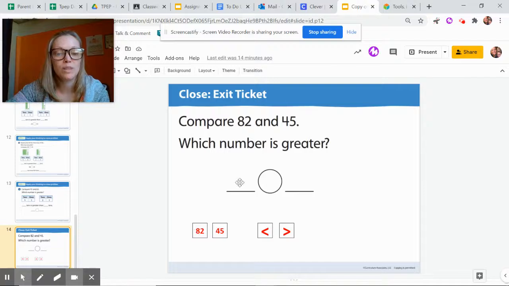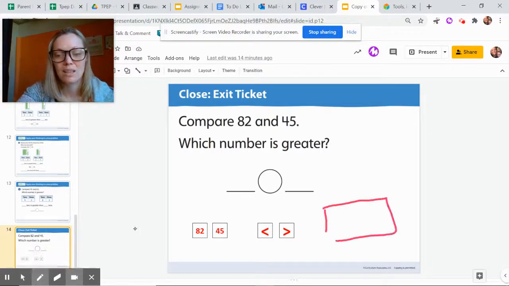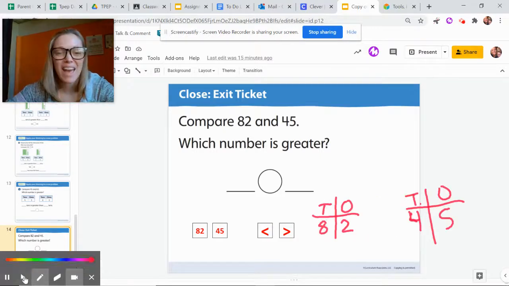You're going to move the numbers to the line and then move the correct alligator mouth or the correct symbol to eat the bigger number. If you need to, draw a picture to show 82 or 45. You can also make the place value charts like they had in the book. Okay, good luck, and let's keep working on comparing numbers to see which one is bigger.